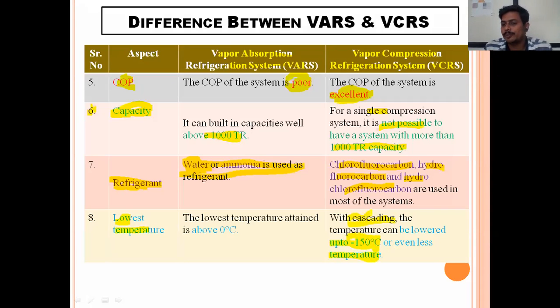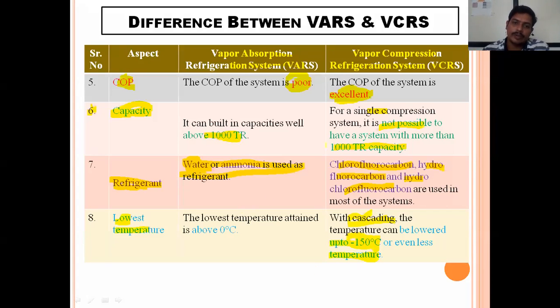So below -150 degrees centigrade temperature, whatever application will be there, that will be called cryogenic. We are having a separate topic related to cryogenic, so we'll see during that topic.